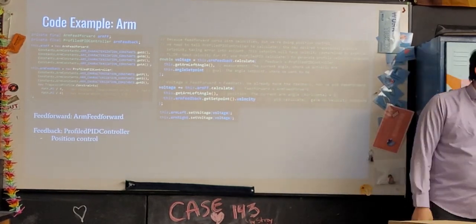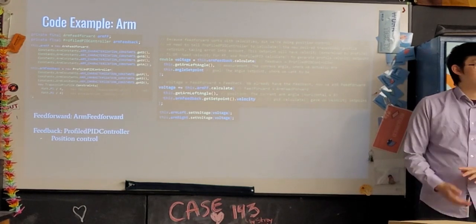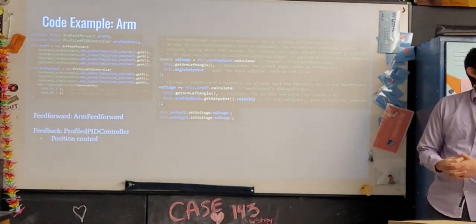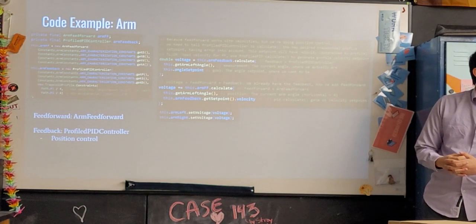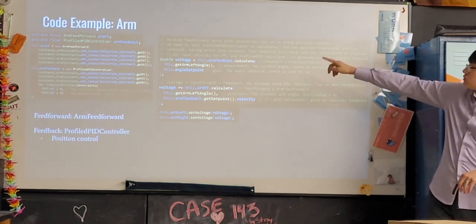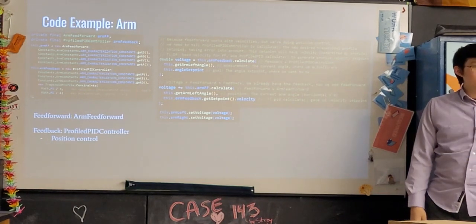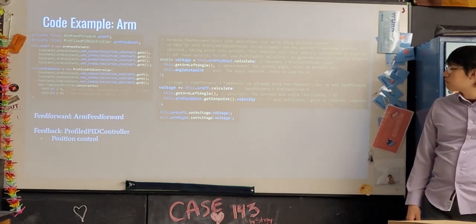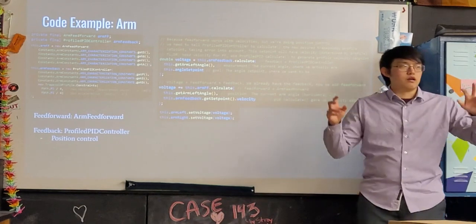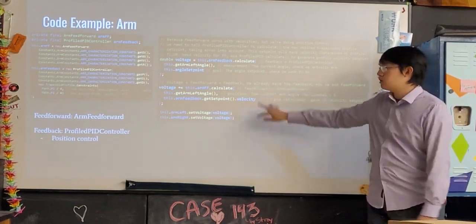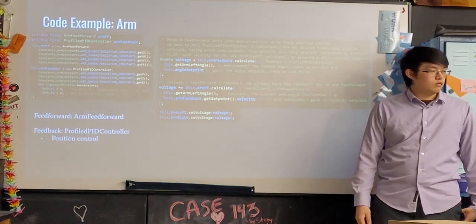Yeah. So the arm feedback is inside ArmFF, so the profile's inside there. Sorry, what profile? I'm looking at the right-hand side. Yes, it's armFeedback, that's the profiled PID. Correct. That's inside ArmFF. It is not inside. Do you mean inside as in you have it as a variable inside the calculate?